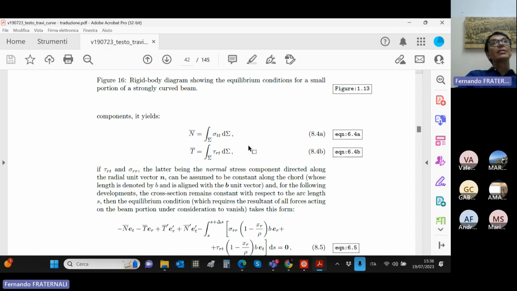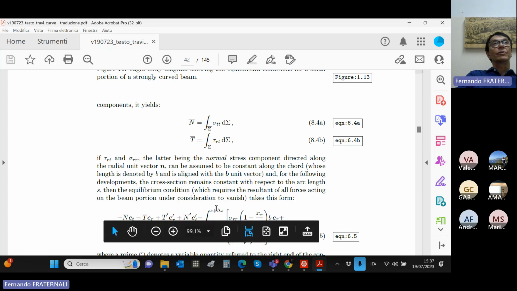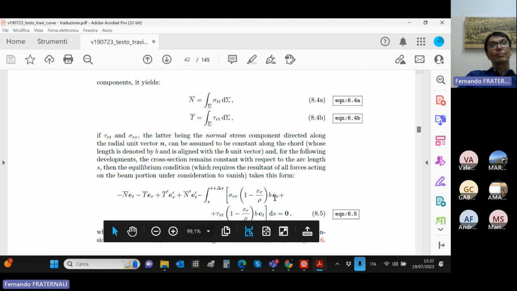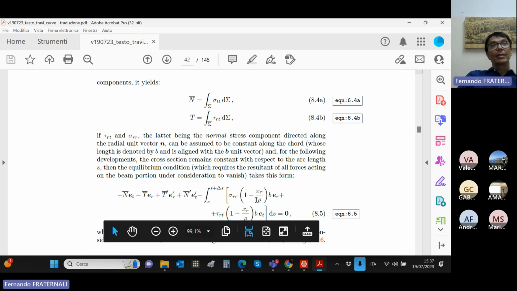And then we have the integral of these distributions of radial and tangential stresses, which are applied on the top surface. So we have to take the integral of sigma RR. Why do we have this multiplied by the Jacobian? Why do we multiply sigma RR and tau RT by the Jacobian?